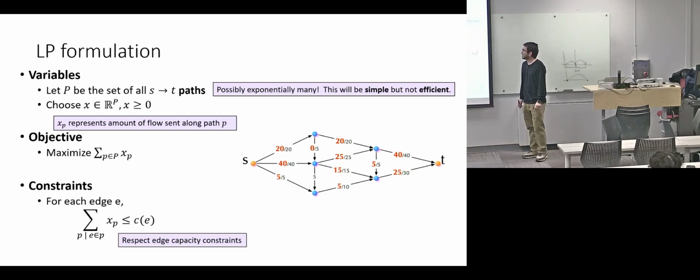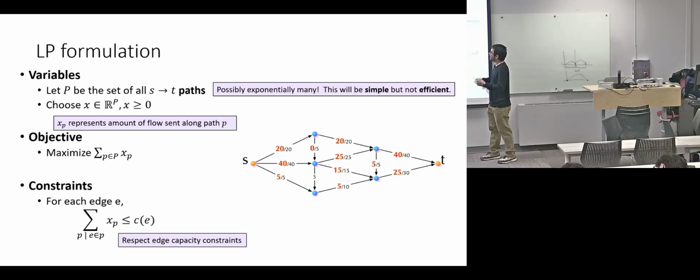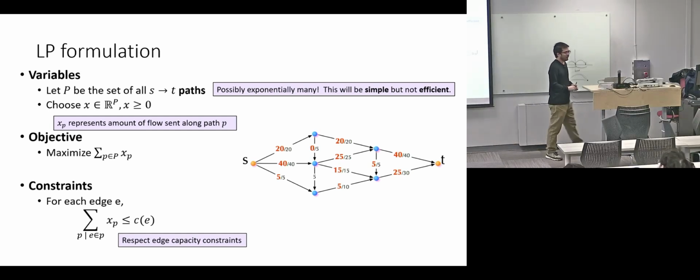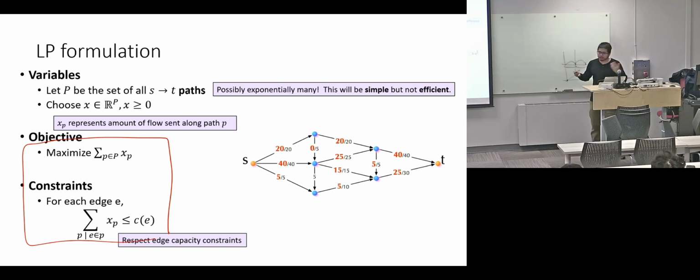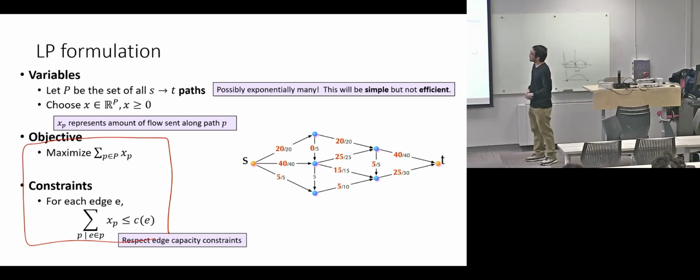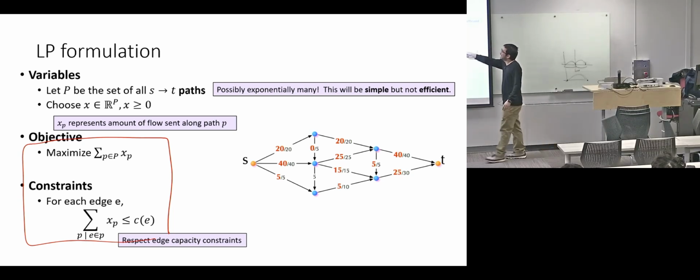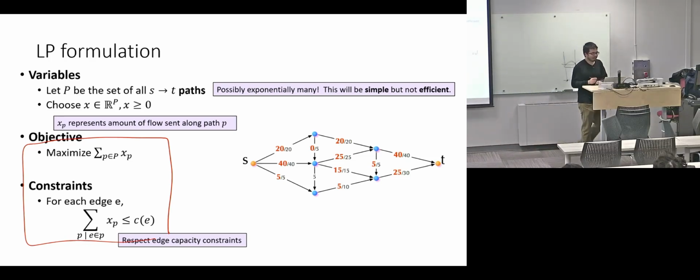Exactly. The conservation is now implicit by the fact that we take the variables on each ST path. So this is a nice and simple LP to write, although it's a huge LP because there are exponentially many variables. But we write it in a succinct way.